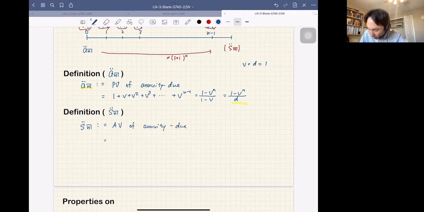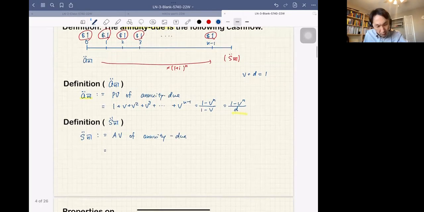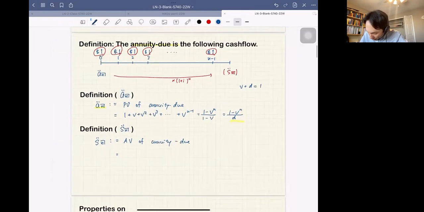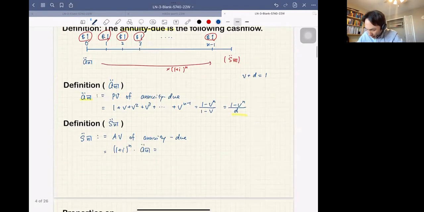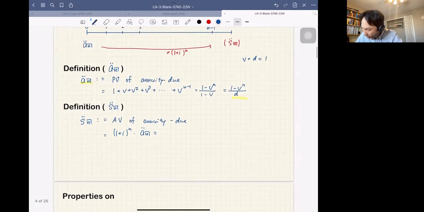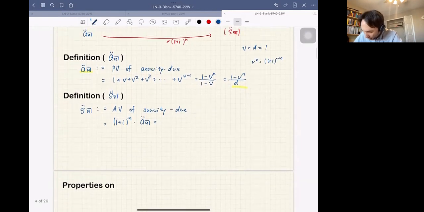So this is equal to 1 plus i to the nth power times a double dot right angle n. So you can see that again the v to the power n is 1 plus i to the power negative n. So using this, you can see that this is 1 plus i to the power n minus 1 over d.